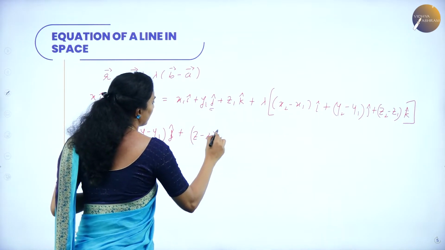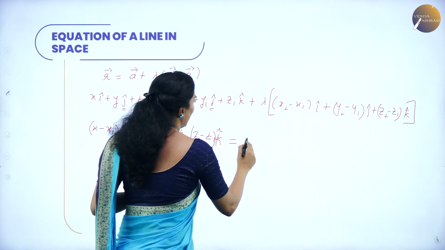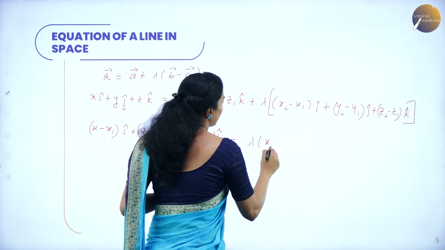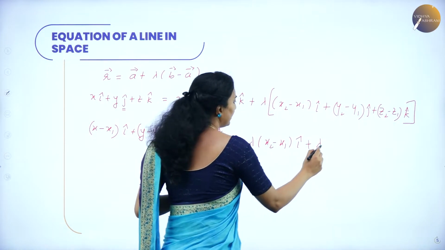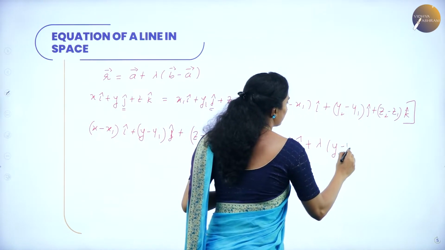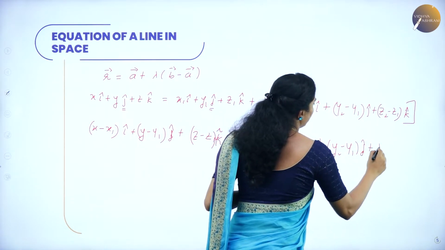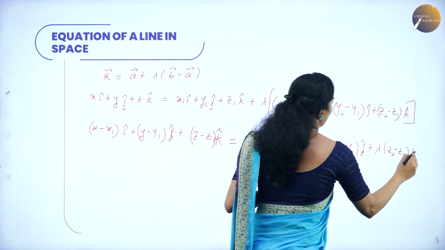What remains is lambda into x2 minus x1 into i plus lambda into y2 minus y1 into j plus lambda into z2 minus z1 into k.